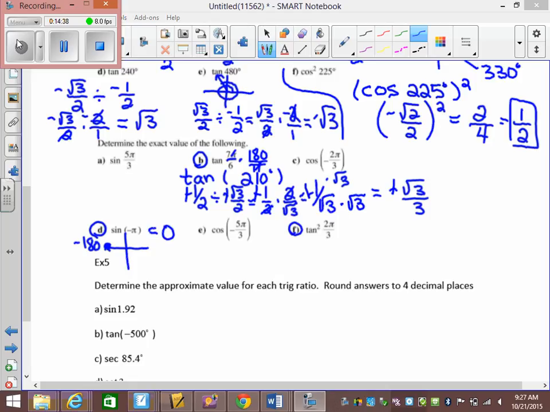And then we want tan of 2 pi over 3 squared. 2 pi over 3 is root 3 over 2 divided by negative a half.